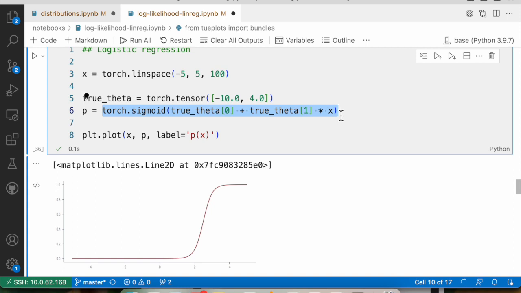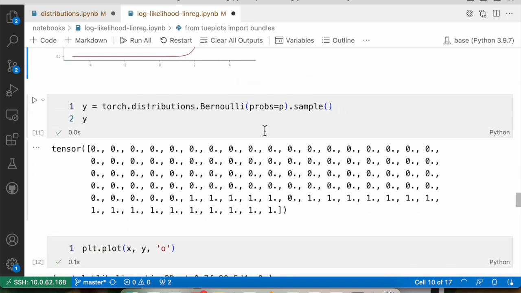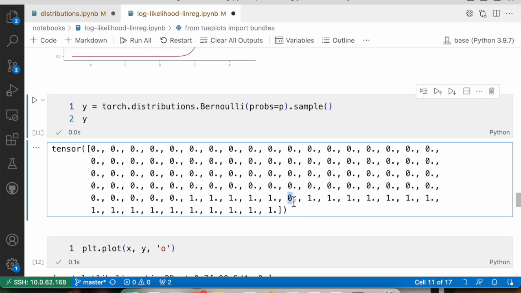Right? And interestingly, if you look at y, even for certain high values of x, there are certain y's which are 0. Even though the probability of getting class 1 was very high, you could still get a 0 from it, because it's not exactly 1. A coin with a probability of heads of 0.95 can give you a tails.